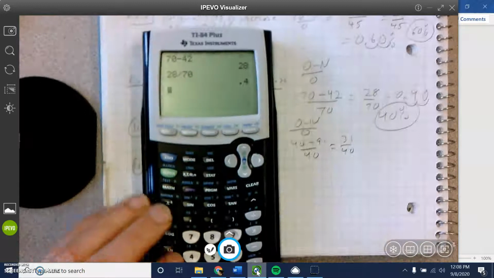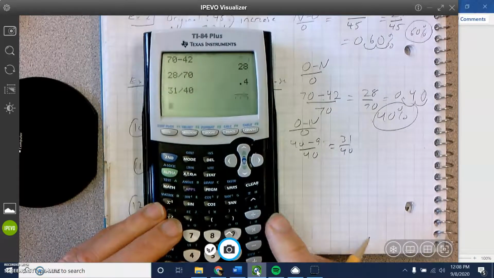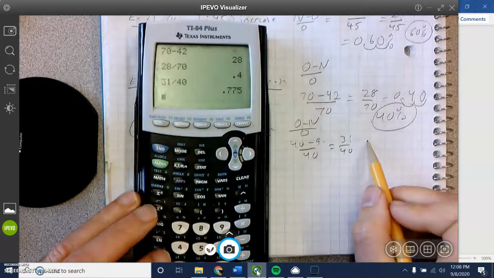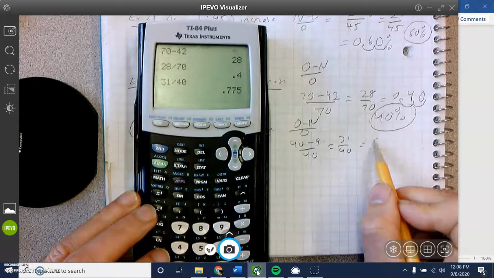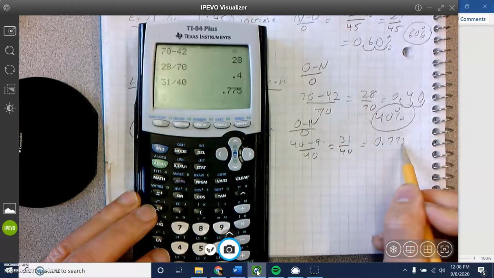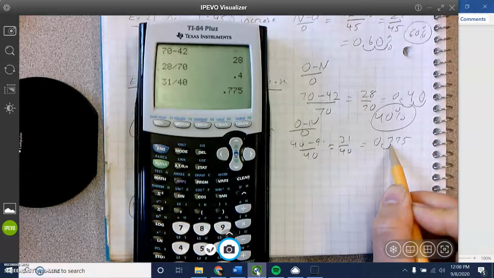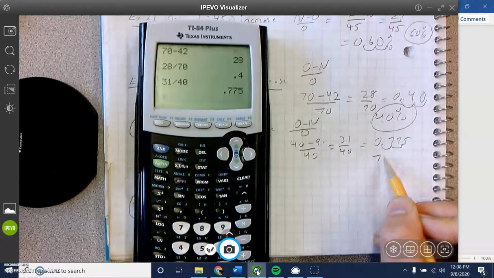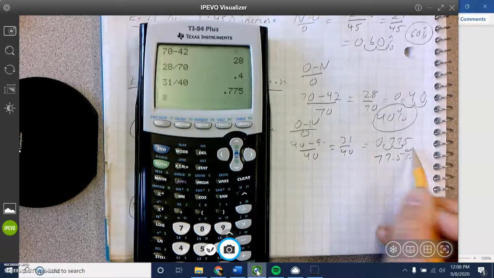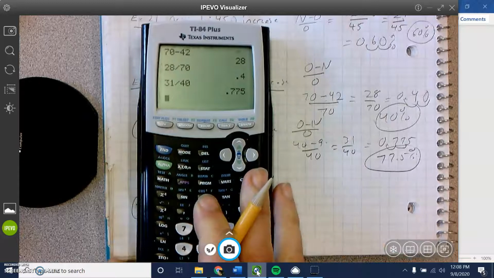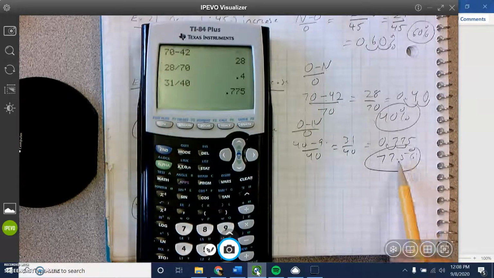Let's see what percent that is. It is 0.775. Now to go from a decimal to a percent, 1, 2, bam. So it's 77.5% decrease. There you go. Yeah, you can have a decimal and a percentage at the same time. The percentage means that's a percentage.